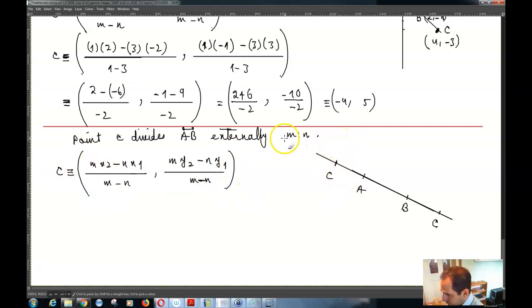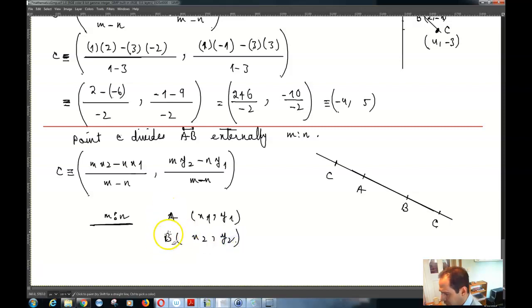And then if somebody asked you, for example, the point C divides the line segment AB externally in the ratio m to n, you take your m and n as instructed, and since they told you that it divides the line segment AB externally, A becomes your x1 y1, and B becomes your x2 y2.